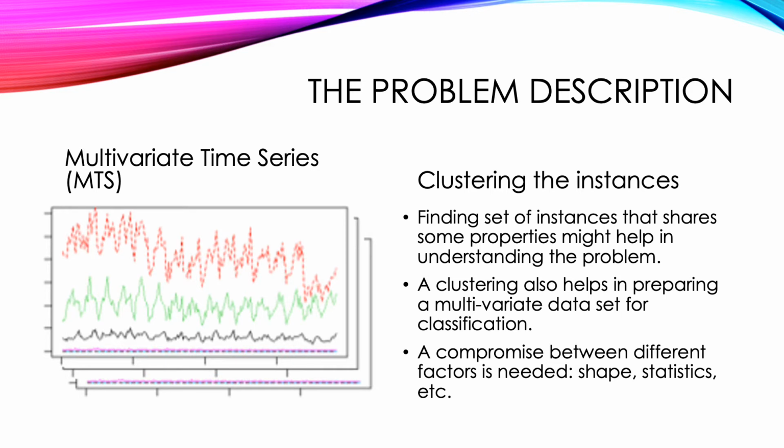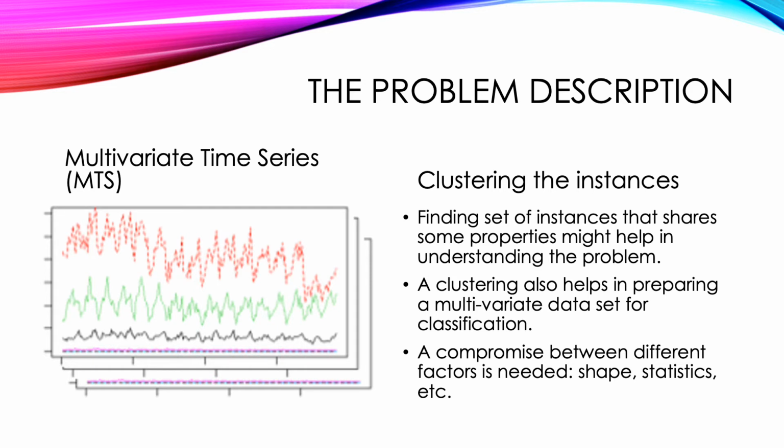Multivariate time series is a problem in which each of the instances includes several variables, and each variable is a time series itself, a univariate time series itself. When we need to cluster these kinds of instances, we find the problem that some variables behave similarly for two instances, and then a different set of variables performs similarly between two other different instances.